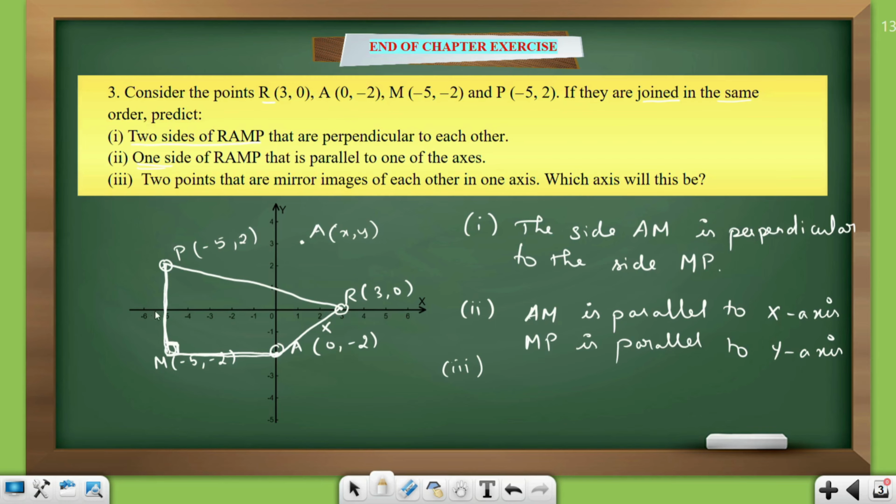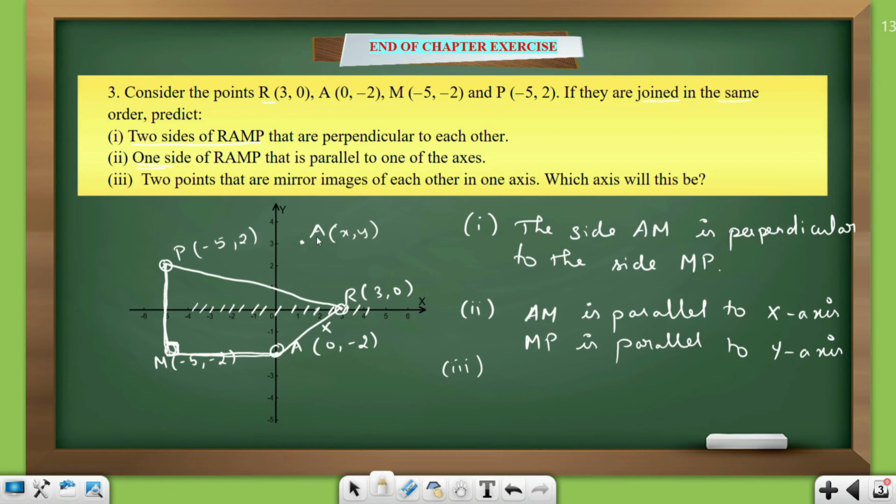Mirror image means nothing but placing a mirror on either of your axes. Suppose I am placing a mirror on my x-axis, we can see the reflected image of this A on the opposite side, right? See, I am keeping a mirror here. So this is my mirror.